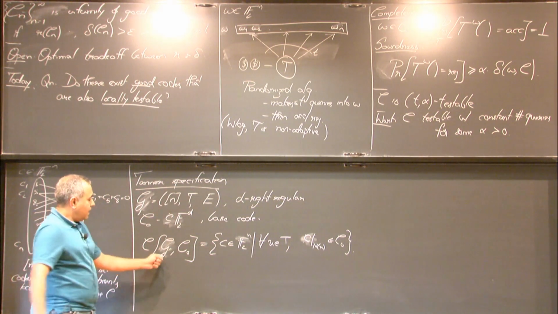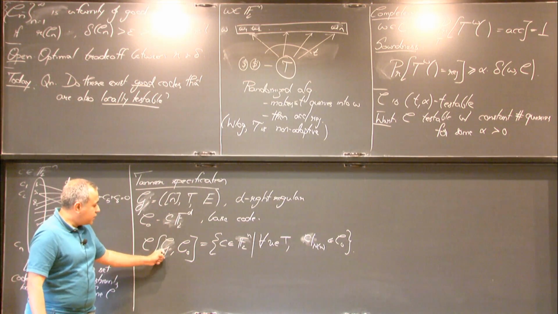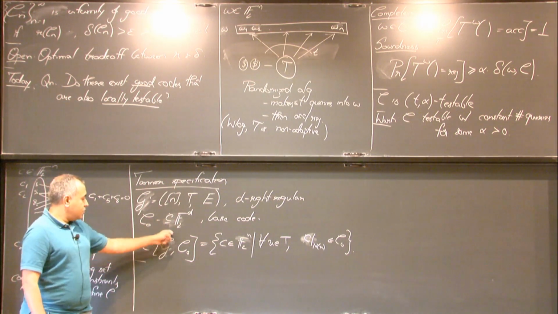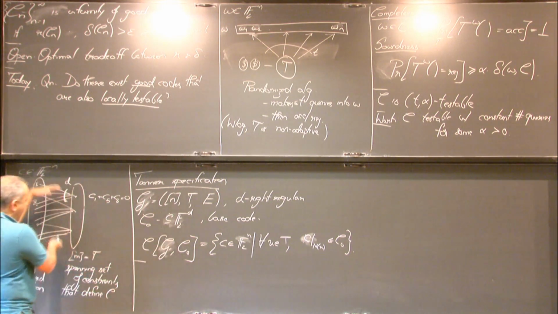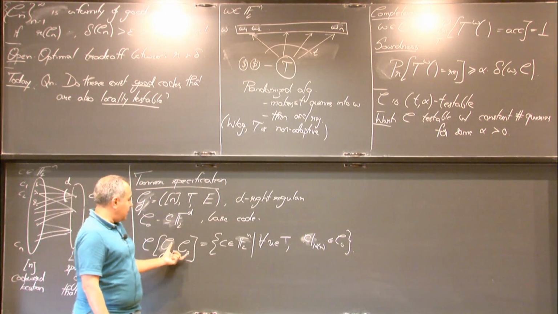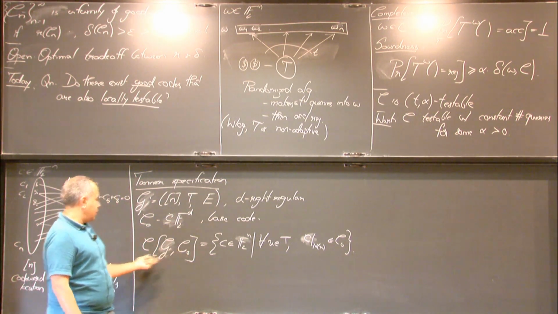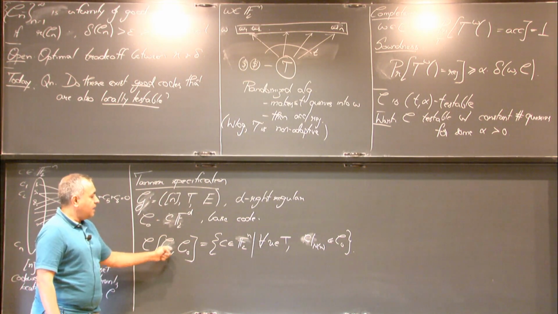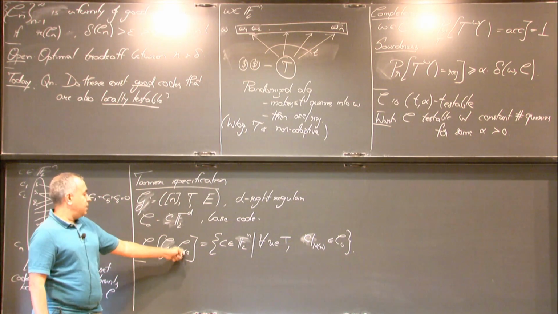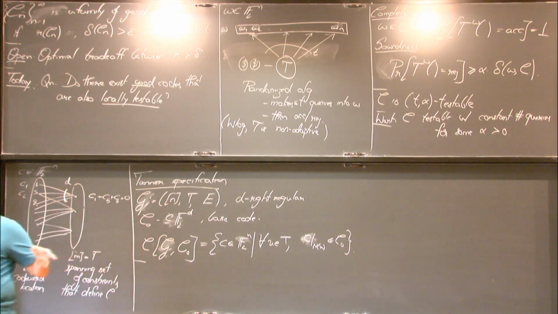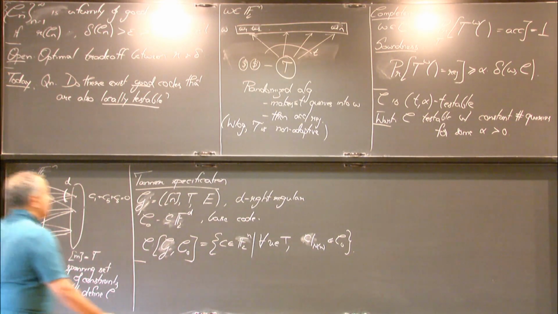And we can ask, is there a property of G and the base code that will guarantee that the larger code is good? G is sort of large, C naught is a small sized object if D is constant. We can ask, is there a property of a family of graphs G and the single base code C naught such that the corresponding family of Tanner codes that I construct have the properties that I want?